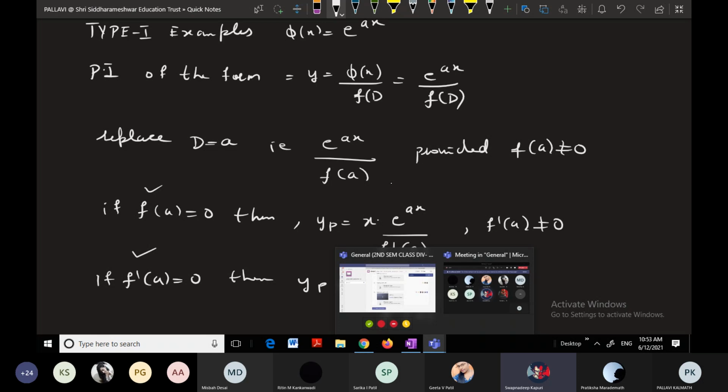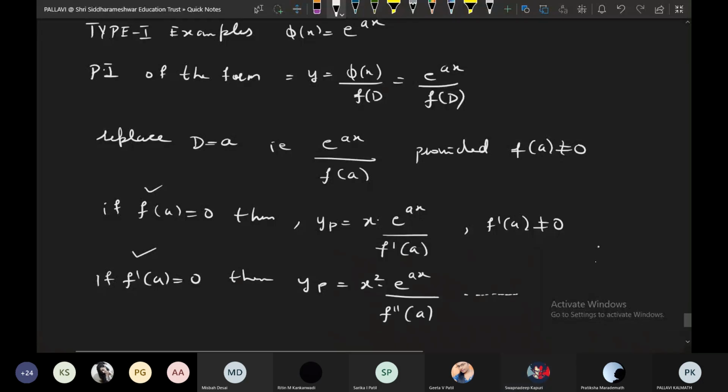So what we take is its derivative, then substitute the value, and then this process will go on continuing.